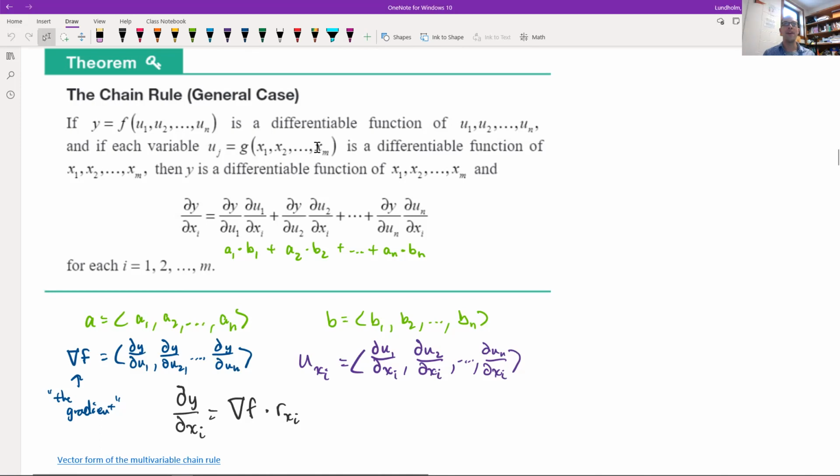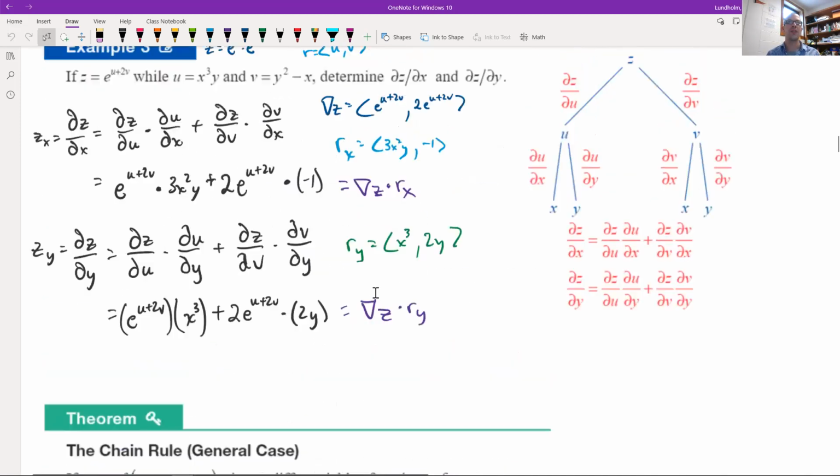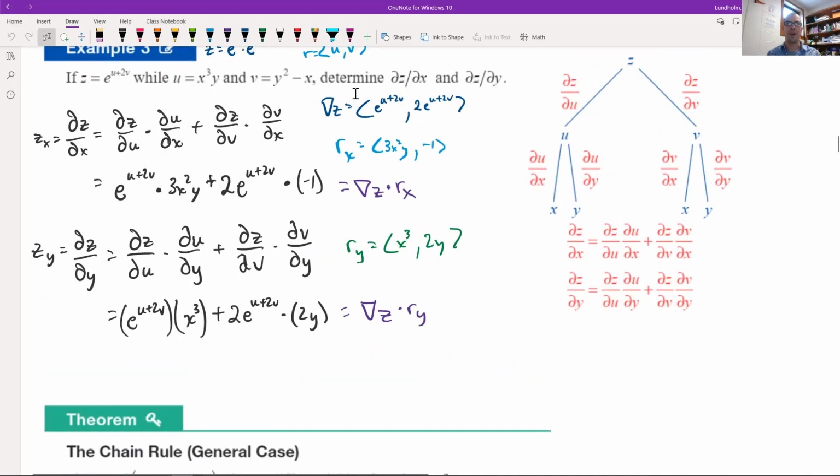We have m independent variables going into those functions. And for each one of the individual partial derivatives with respect to one of the given input variables, you do a whole dot product, just like we did, this dot product to get this, or this dot product to get this.